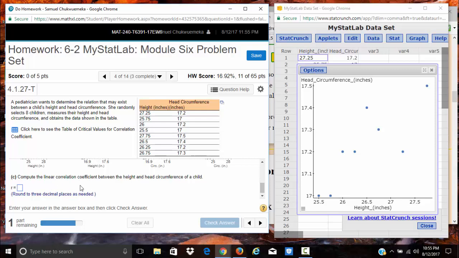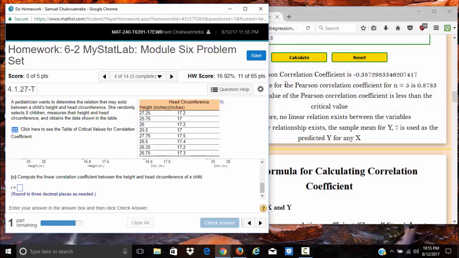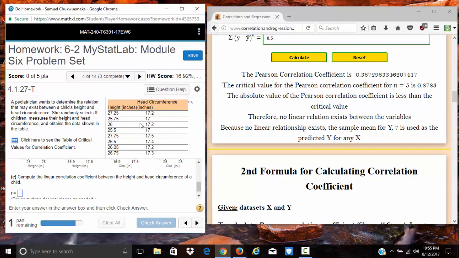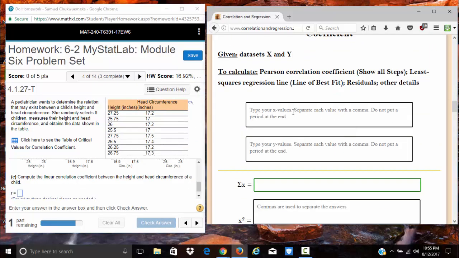Compute the linear correlation coefficient. All right, so here, let's get on my site. We can use the second formula this time around. It doesn't matter; you can use the first formula or the second formula.